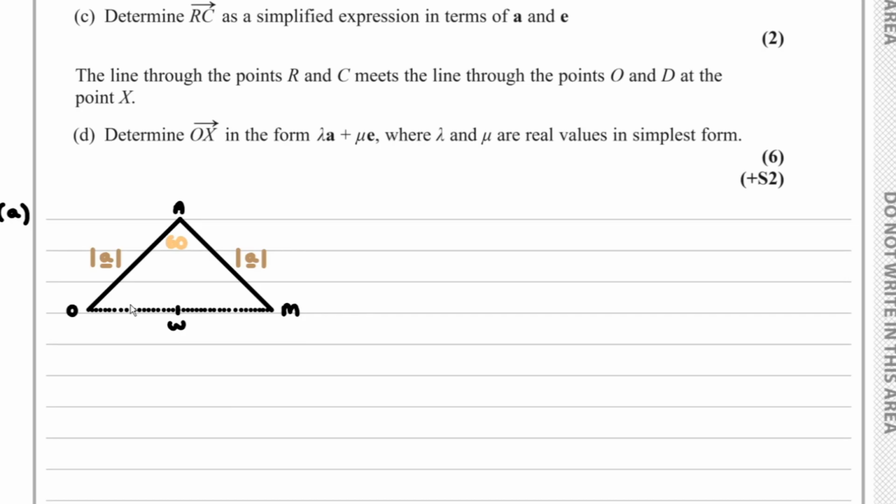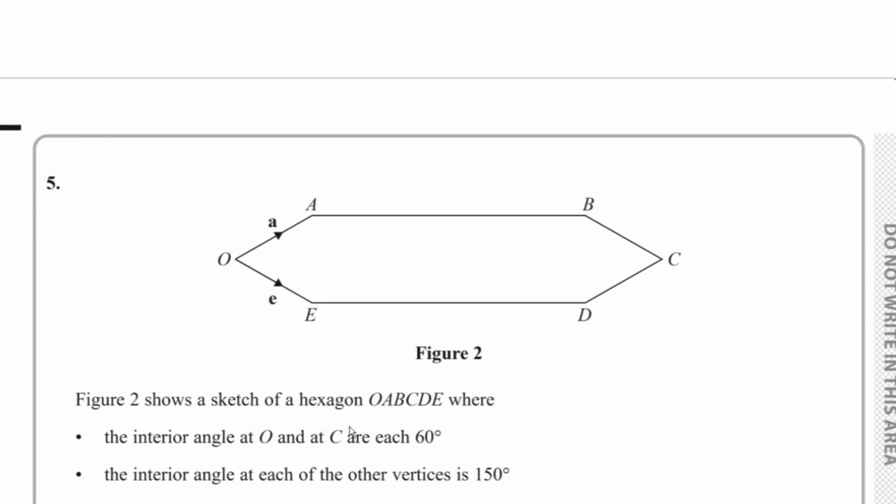We've got 60 degrees here, 30 degrees here, and 30 degrees here, because we've got a line of symmetry at AW. And this OM will be parallel to AB. So essentially we've just drawn this triangle here, and this is parallel to AB.